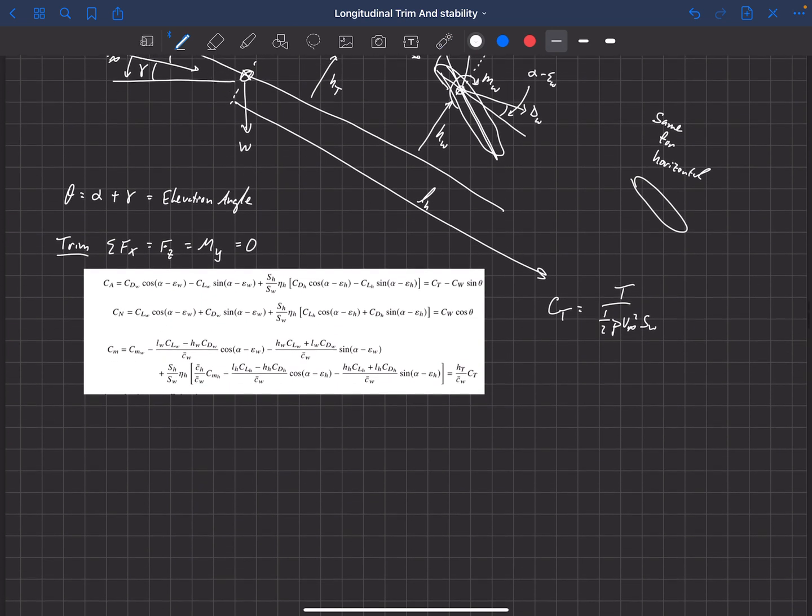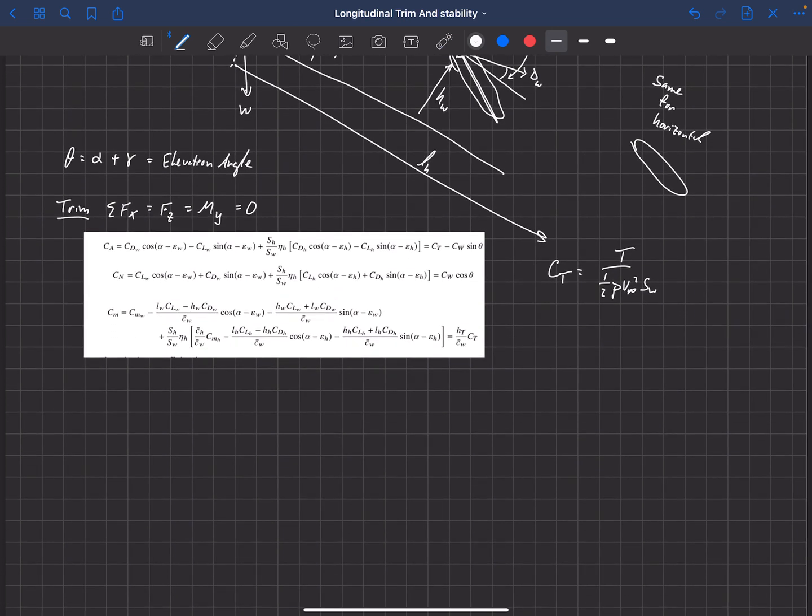maybe one more thing that I should add here is that the lift on the wing, we can write the same way we did before. We can assume that that's linear with angle of attack, and we can include the mounting angle minus the zero lift angle, and then we'd have minus epsilon of the wing, which is some downwash.